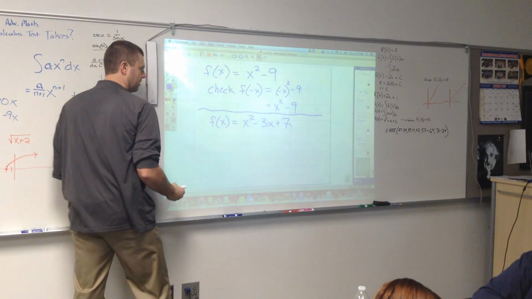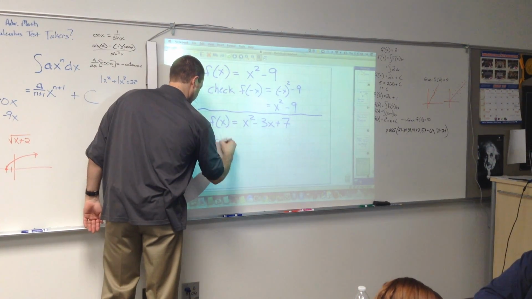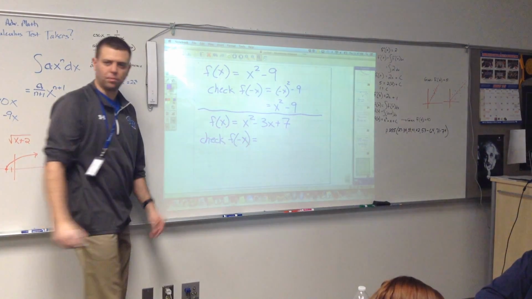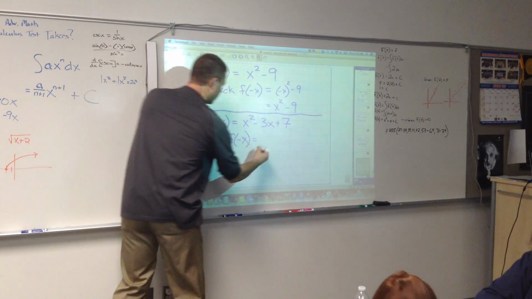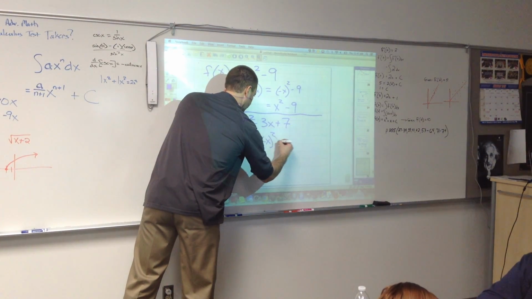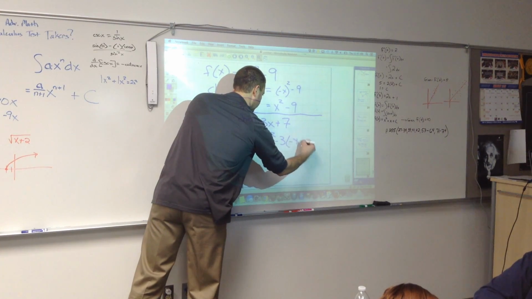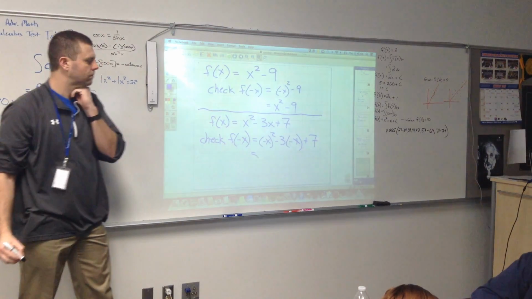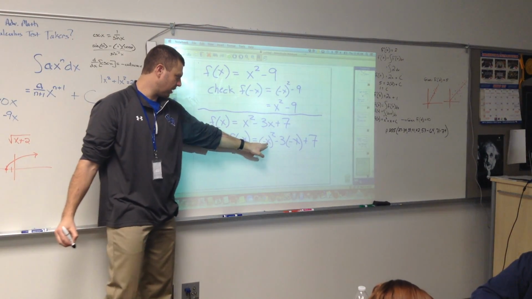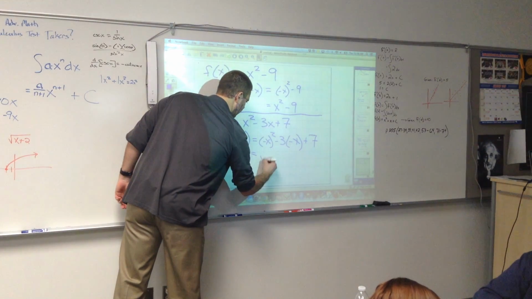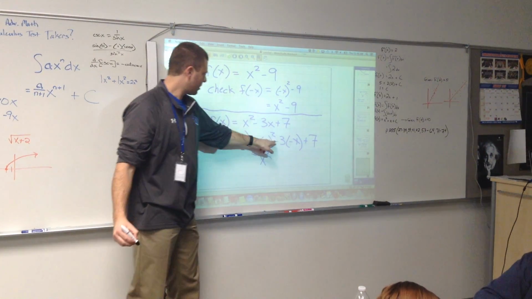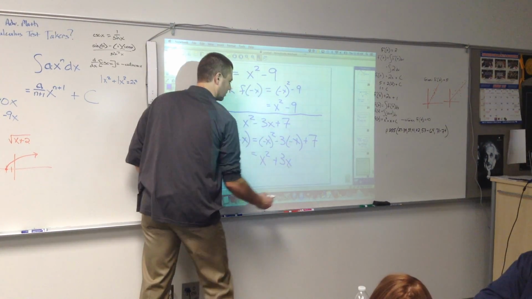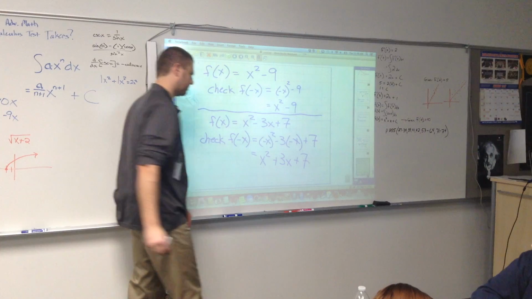Is this even, odd, or neither? Well, let's check. Again, I'm going to plug in negative x. Negative x squared minus 3 times negative x plus 7. Negative x times itself is x squared. Negative 3 times negative x is plus 3x, plus 7.